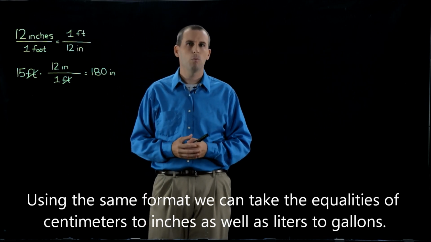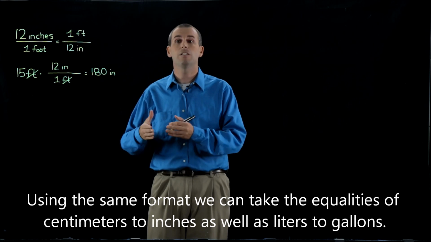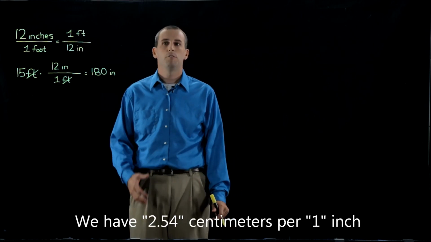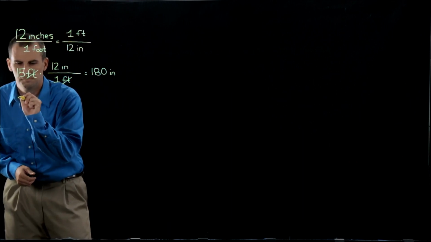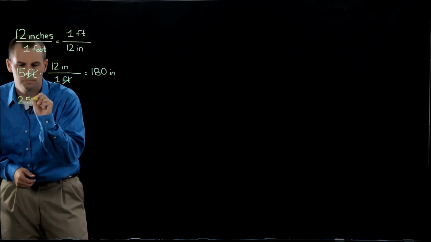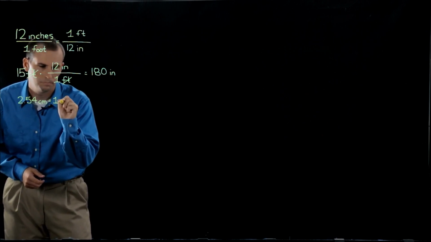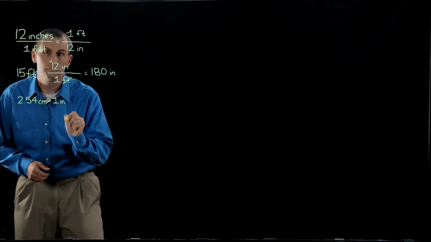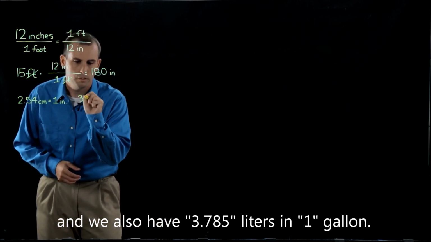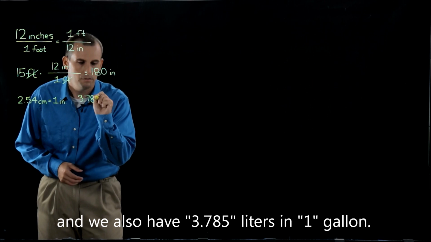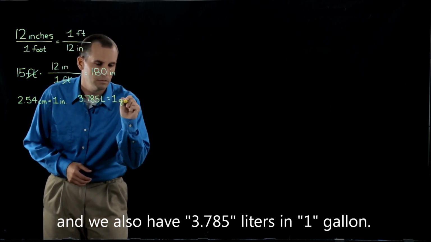Using the same format, we can take the equalities of centimeters to inches as well as liters to gallons. We have 2.54 centimeters per 1 inch. And we also have 3.785 liters in 1 gallon.